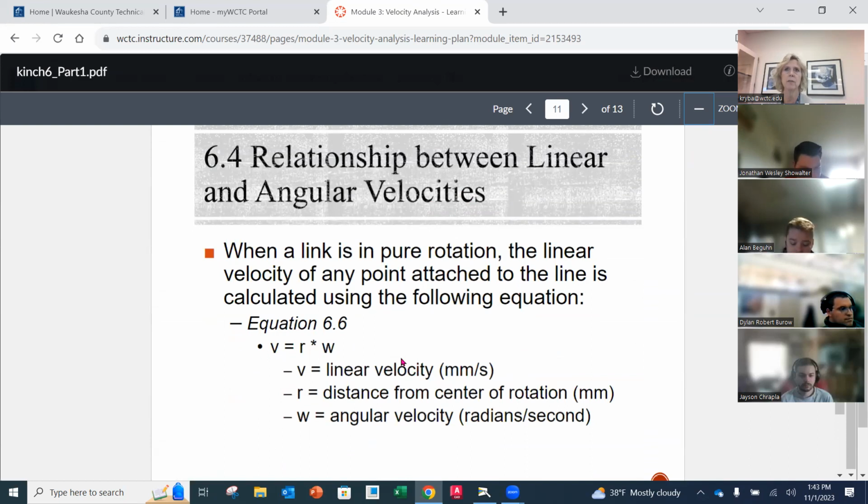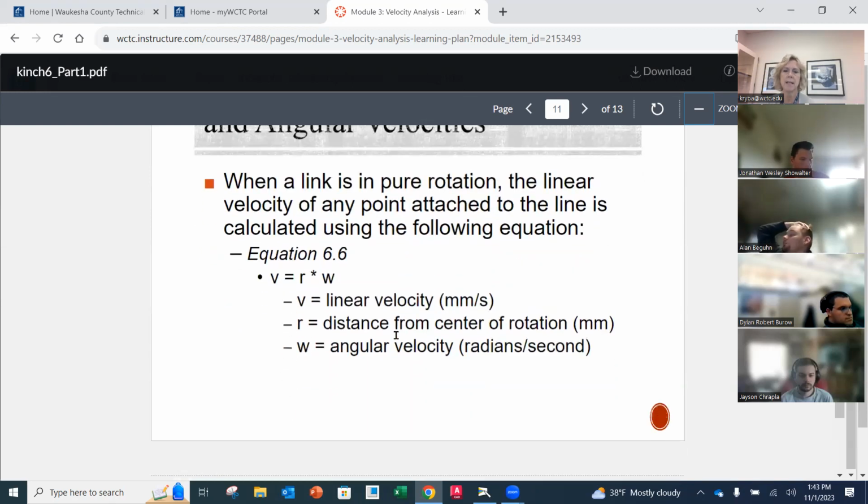Here's that equation: V is equal to R times W. It's equation 6.6 on page 126 in your book. V is that linear velocity, in millimeters per second if we're using metric. Our distance would then be in millimeters, the distance from the center of rotation out to that point.